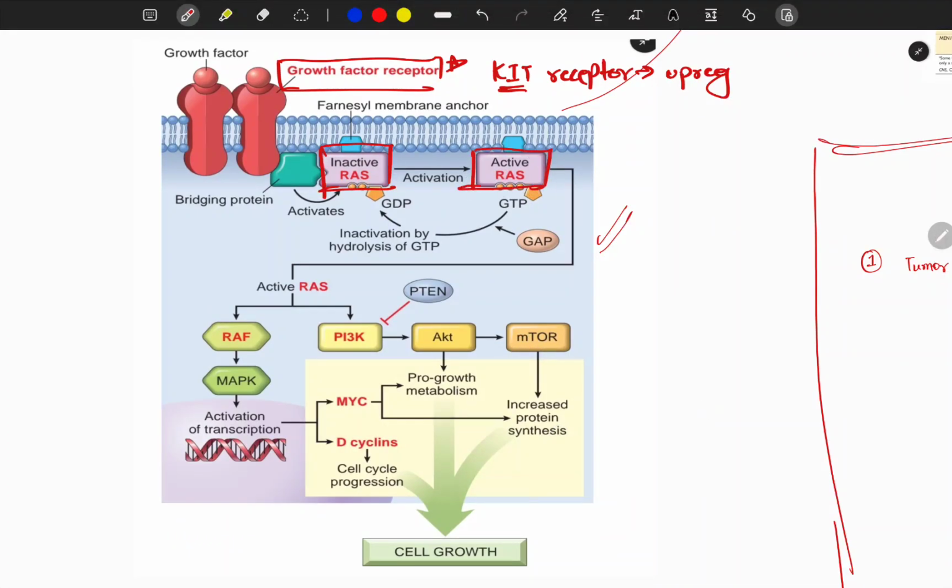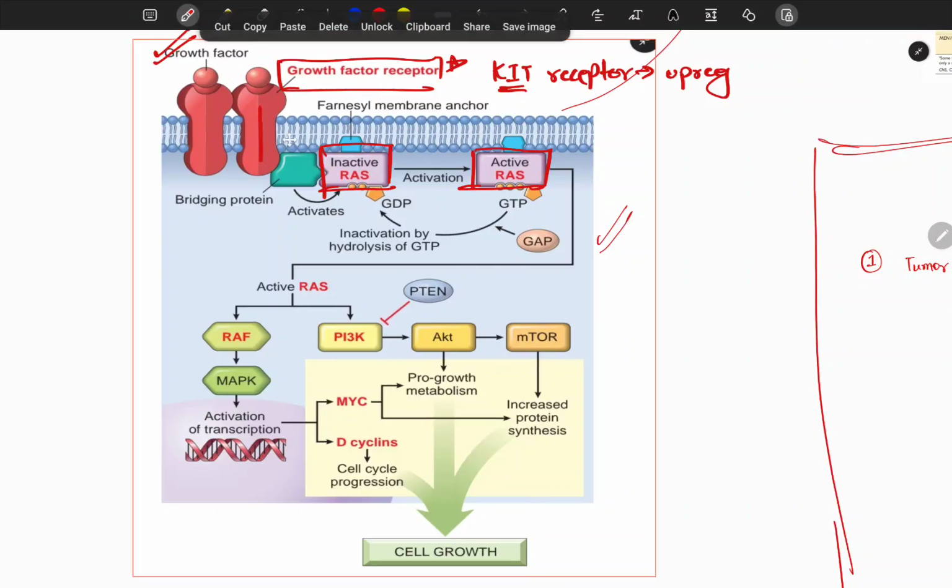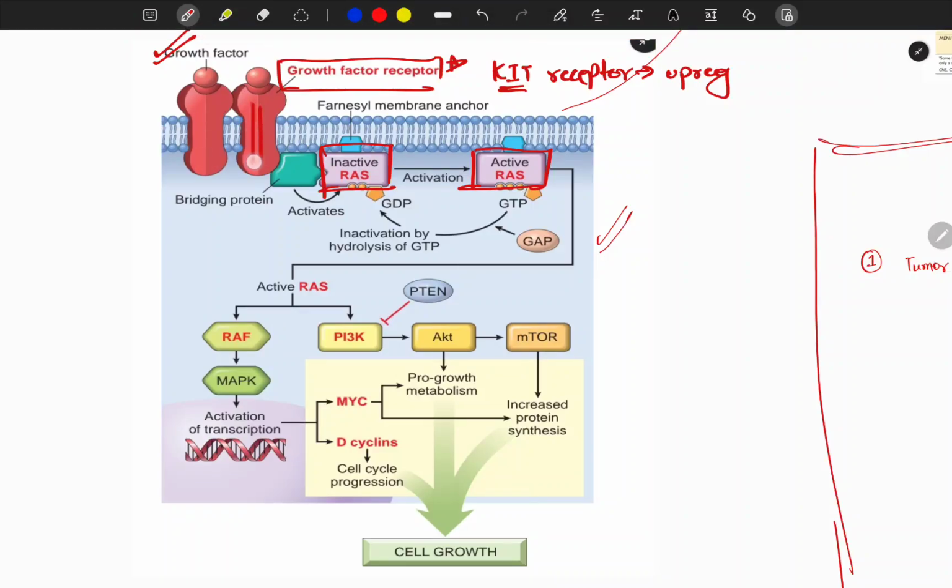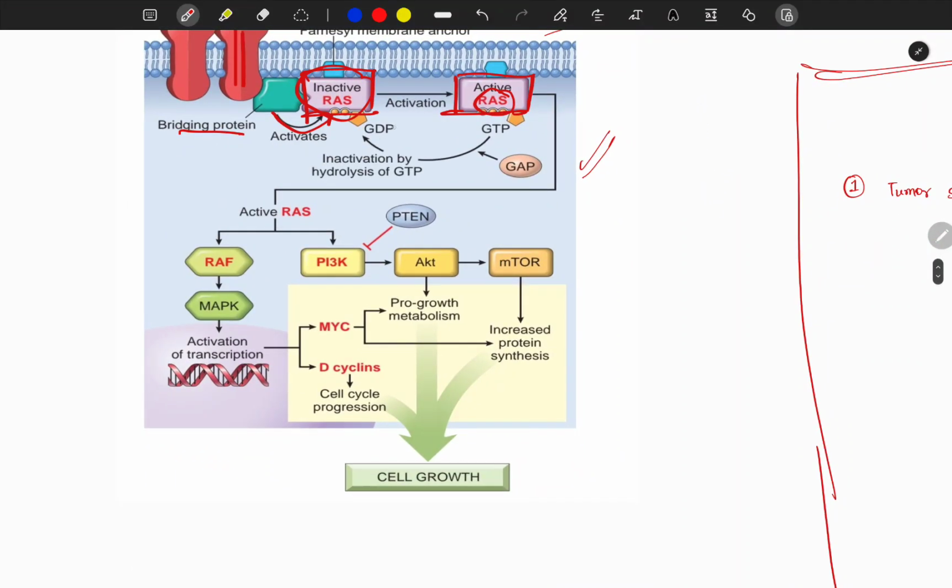That's one. After KIT comes RAS. Now how does the RAS work? First we'll learn that. Whenever a growth factor comes over here, it binds to the growth factor receptor, and this bridging will cause inactive to active RAS. See how GDP is there? It will form GTP, like in the G protein coupled receptor pathway.